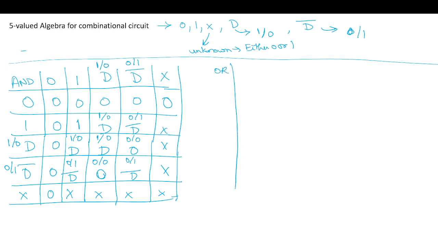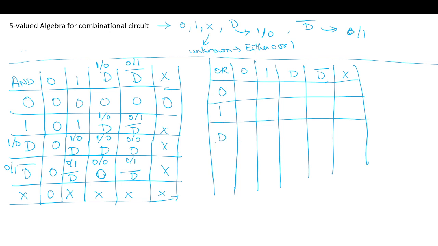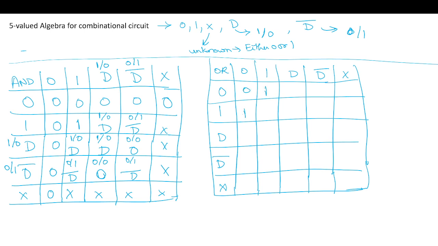Similarly for an OR gate. So 0 or 0 is 0, then 1, 1, and 1.